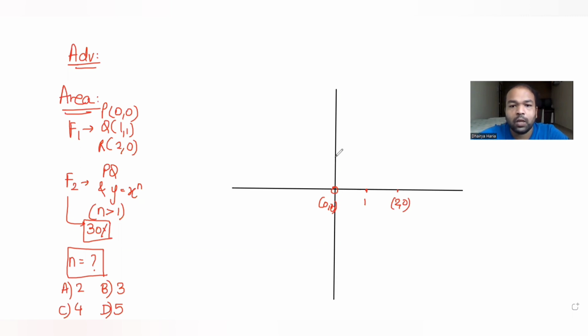And if I draw the lines, this is 1, 1. So this is the region for farmer F1.